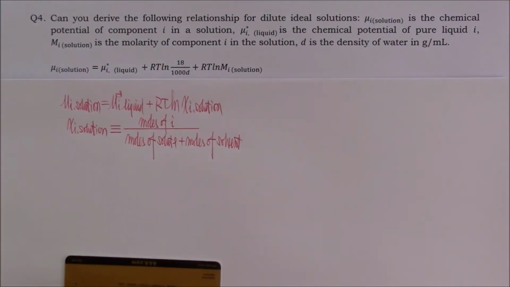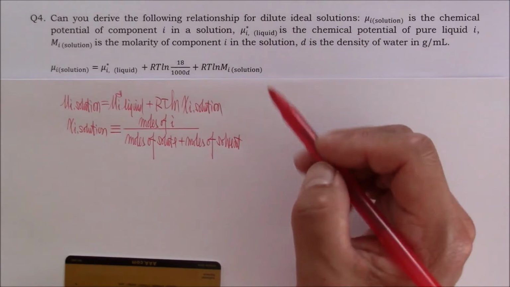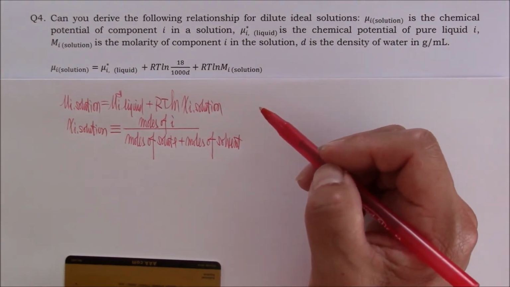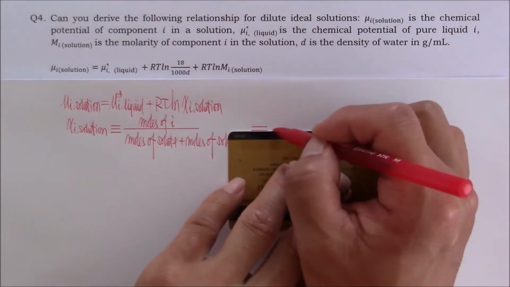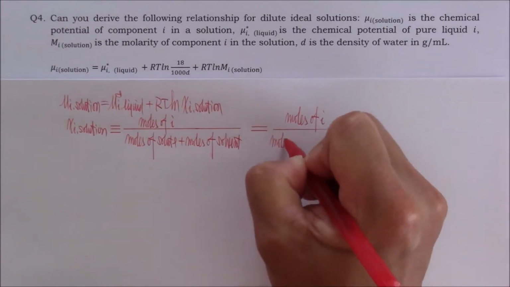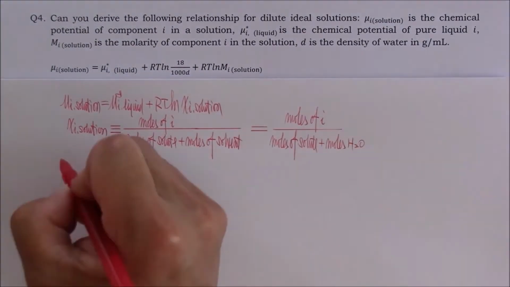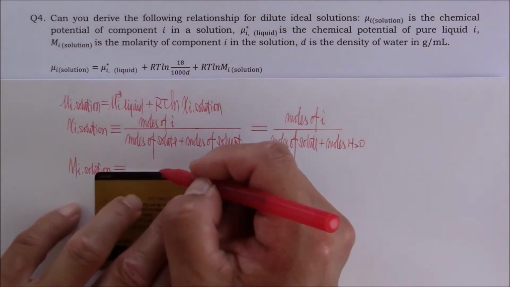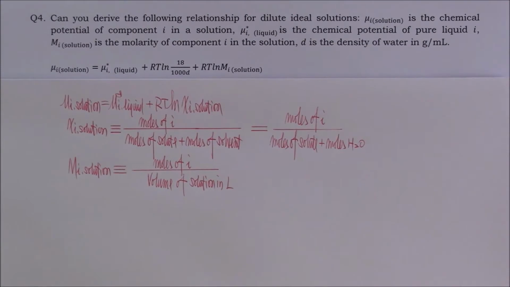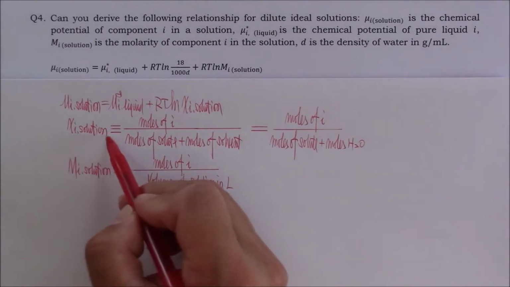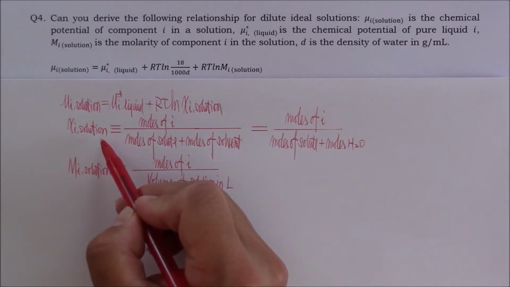I should tell you that this ideal solution is an aqueous solution. Therefore, the solvent is water. As we know, the concentration does not depend on how many liters of solution we have.